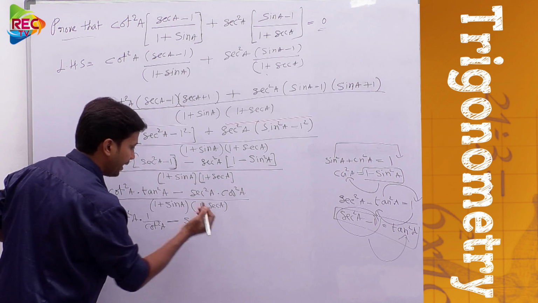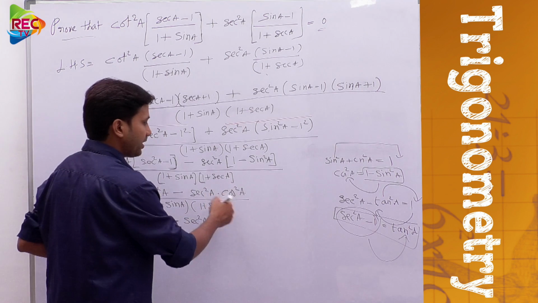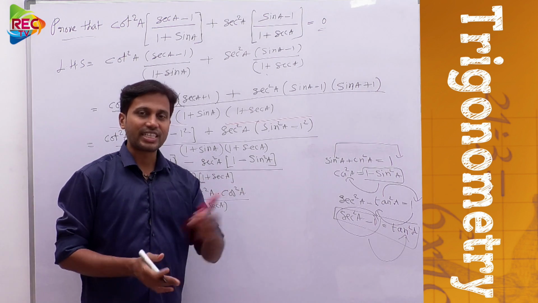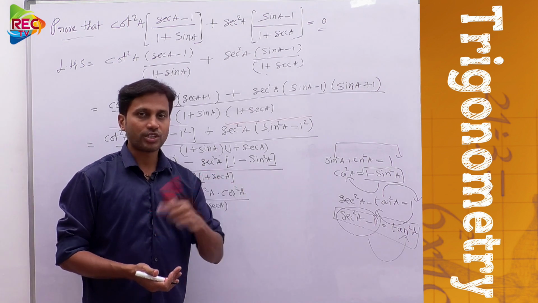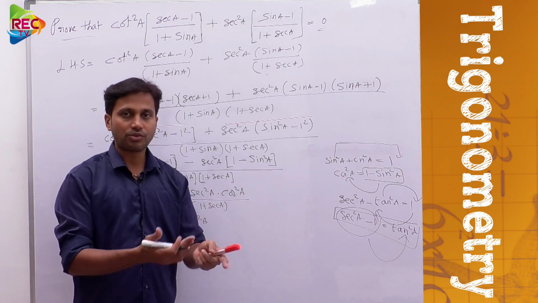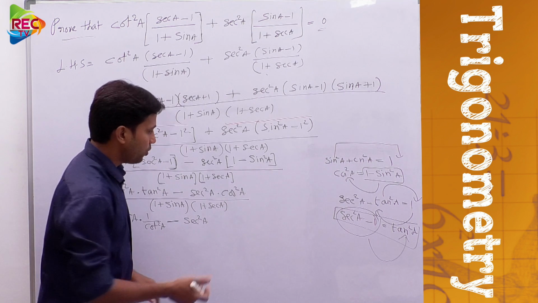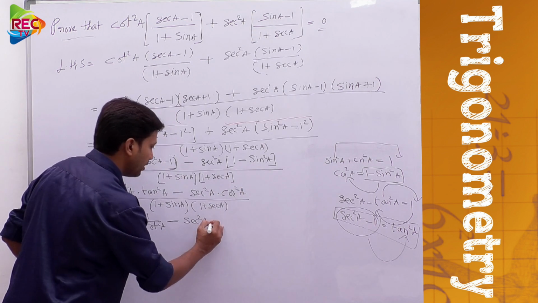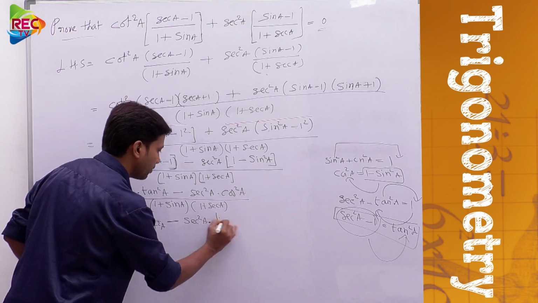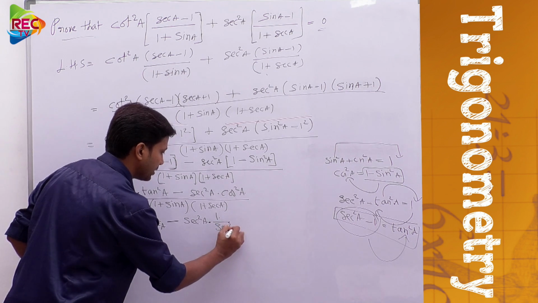Now tell me, what is the relation between cos square A and secant square A? Both are reciprocals of each other or not? Secant square A equals 1 by cos square A, or cos square A equals 1 by secant square A. So we can replace this cos square A with 1 by secant square A.